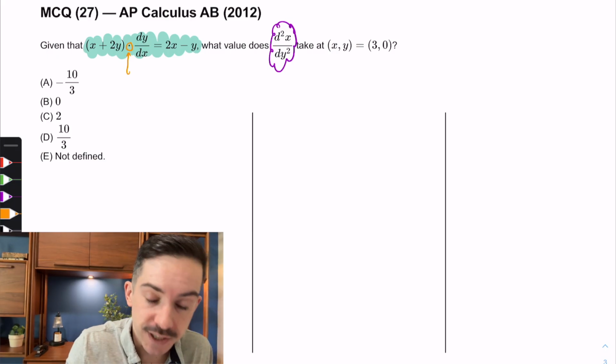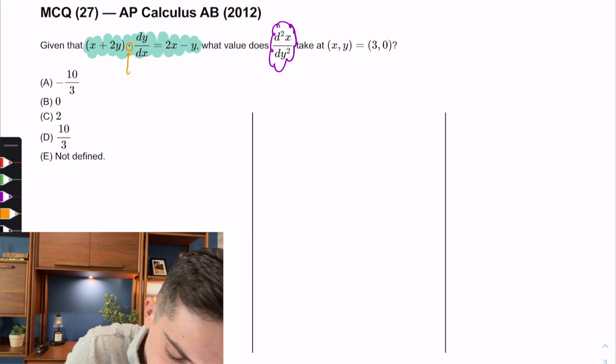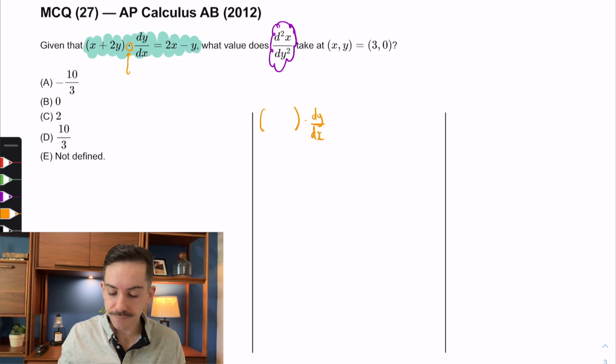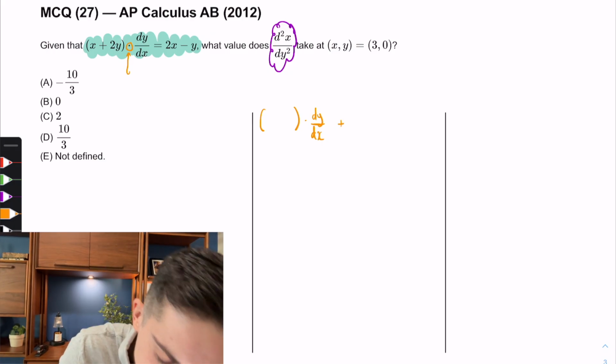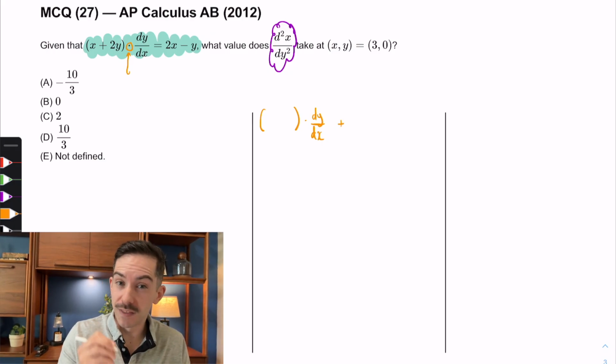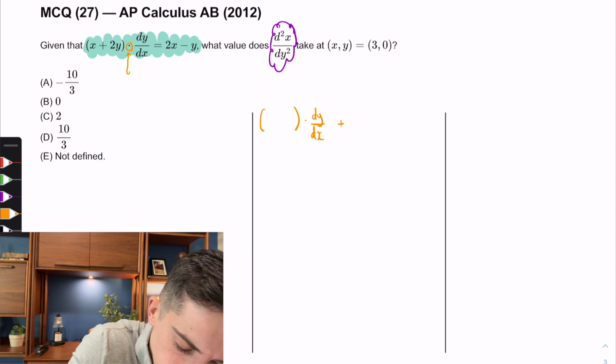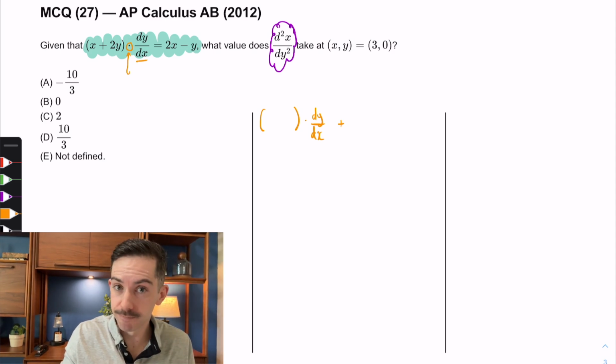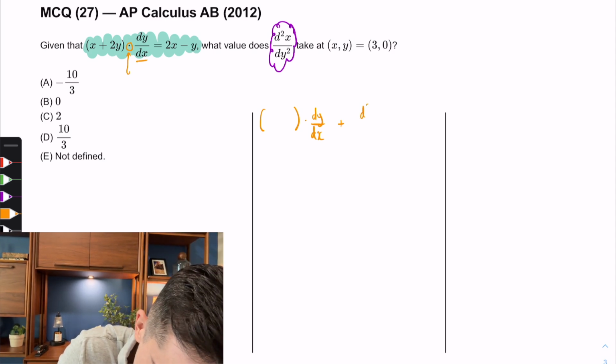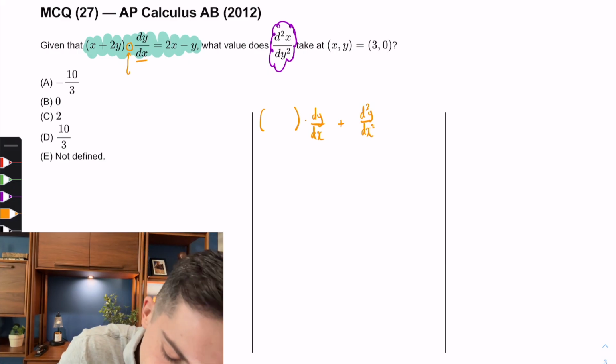So I'll take the derivative of the first factor and I'll multiply by the second factor, and then I will add on the derivative of the second factor, which in this case is dy by dx. Its derivative is d2y by dx squared multiplied by the first factor.